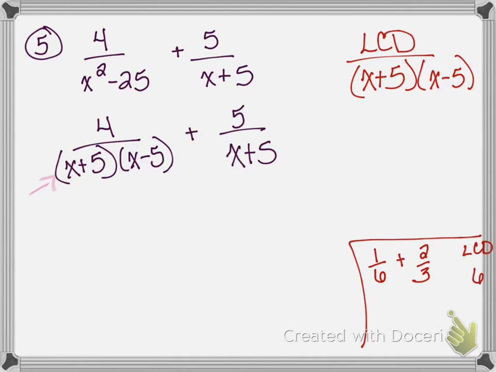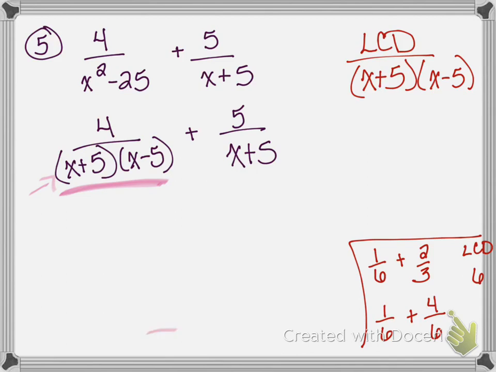For my first one, I don't have to change anything because it's already in terms of my common denominator. My second one I would, because it's not. That's what's happening here. So I don't have to do anything to this first rational.